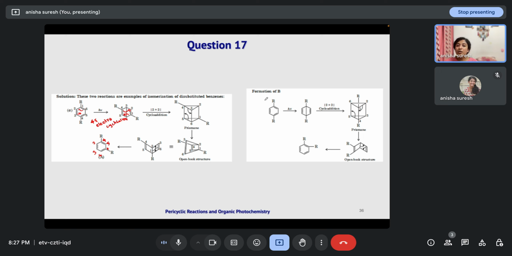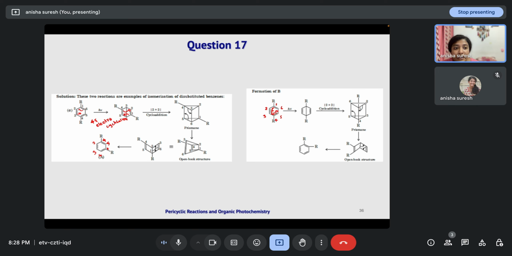Okay, and how is the ortho substitution taking place? In this case, we number 1, 2, 3, 4, 5, 6. So here electrocyclization is taking place in this fashion between 1, 4, 5, 6, followed by a 2 plus 2 cycloaddition, giving this prismane sort of intermediate.